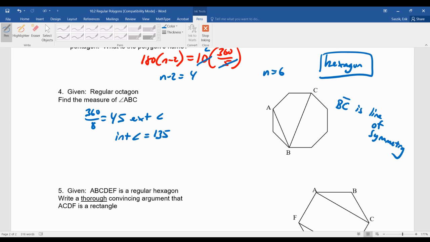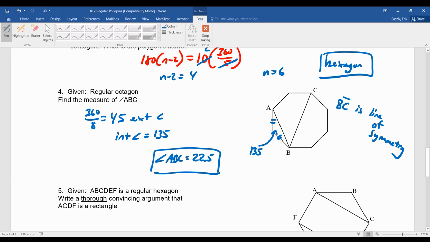So this angle right here is 135 degrees. Now remember, this is an isosceles triangle, right? So what do we have to find? Angle ABC, because it's isosceles, angle ABC would be 22.5.